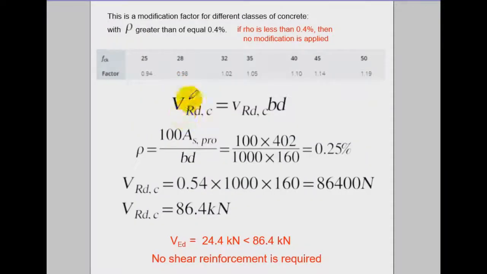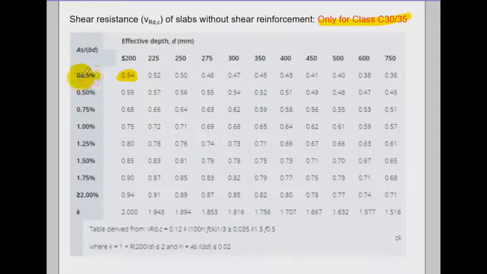This is the shear resistance of that cross section, and it is equal to the shear stress times b d. Okay, so the rho for our case is exactly 0.25%. Okay, this is the area provided. Don't get yourself confused with the As required. This is the provided. So it is exactly 0.25%, which is this one here exactly.